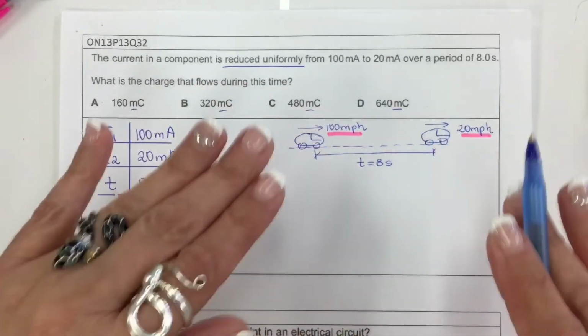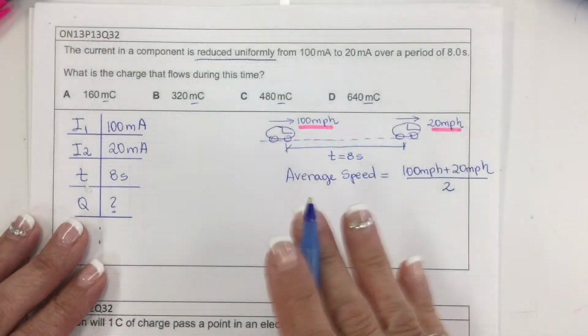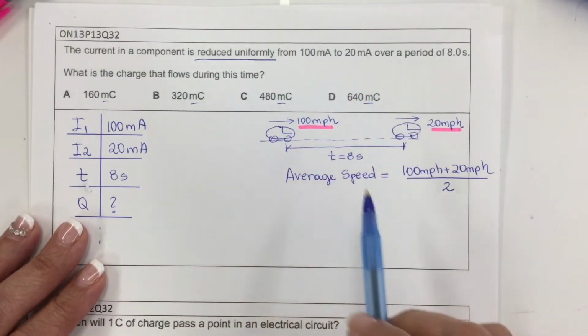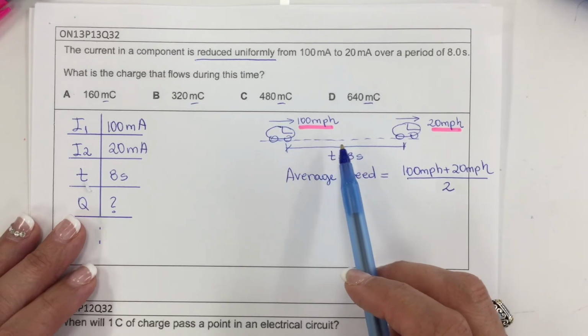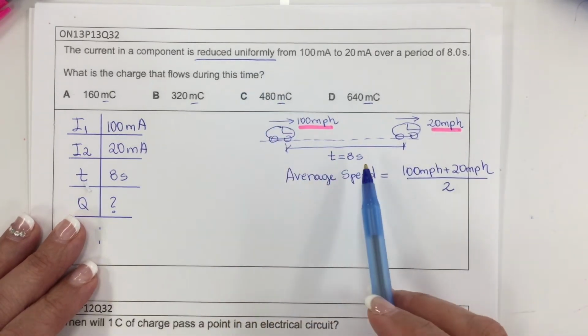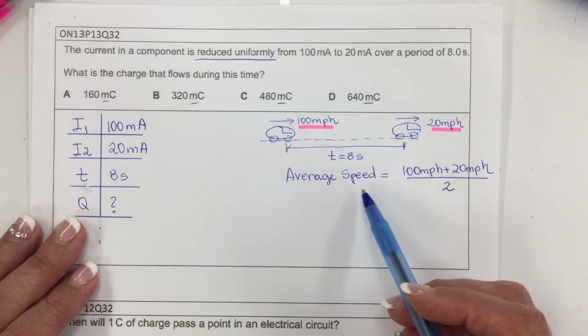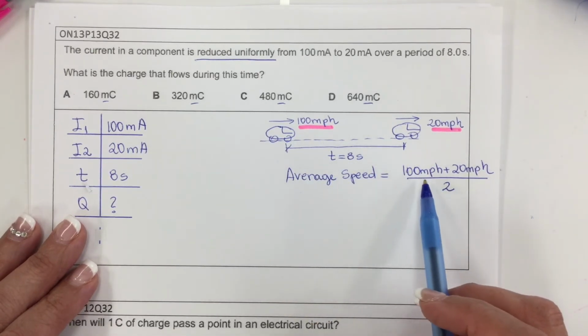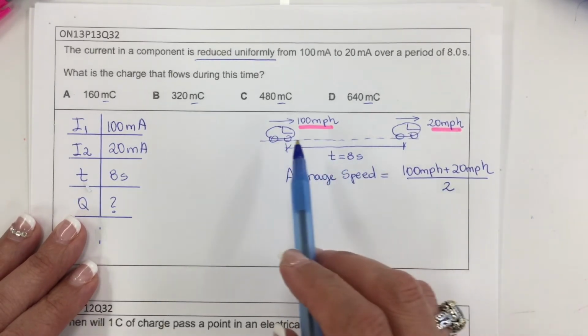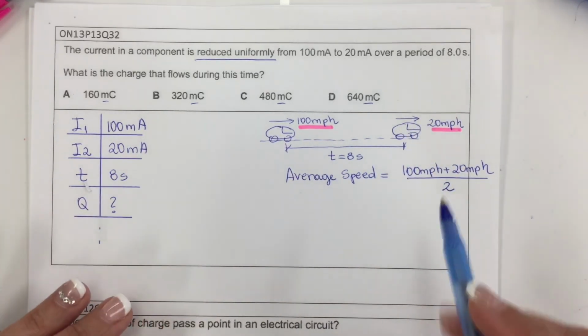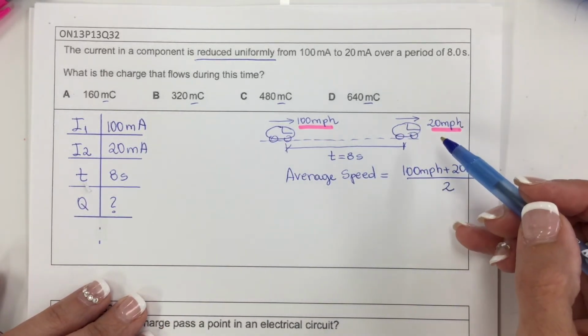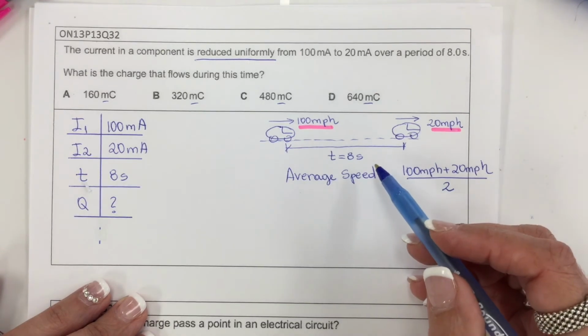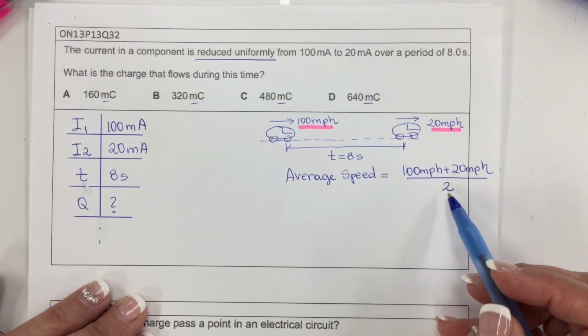So what do I get from this information? If I'm reducing my speed uniformly, I can calculate the average speed, which is the initial velocity for this period of time, plus the final velocity for this period of time, divided by 2.